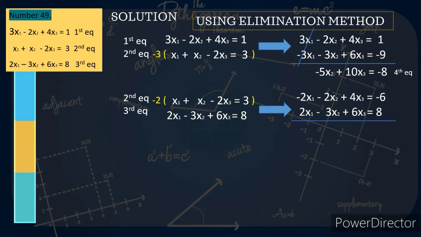And then do the elimination process. Cancel and add the other equation. And now we have negative 5x sub 2 plus 10x sub 3 equals 2, and we label it as the fifth equation. The fourth and fifth equations will be used for another elimination method.